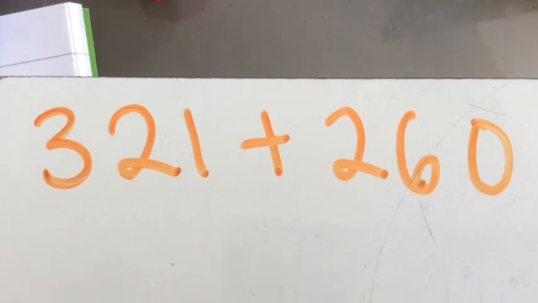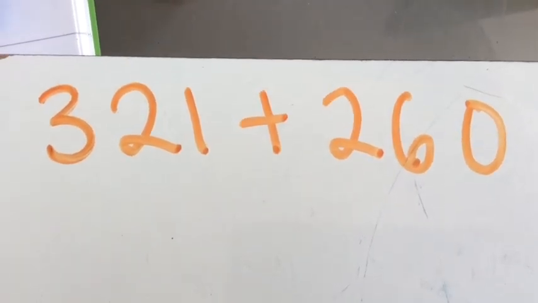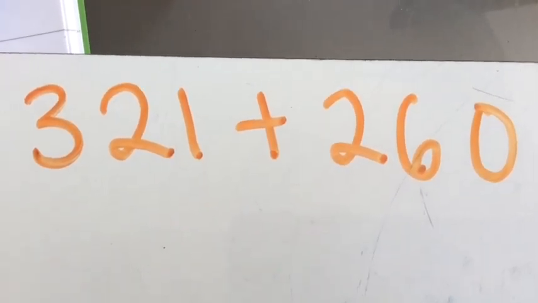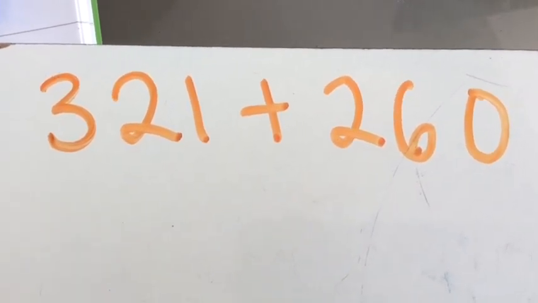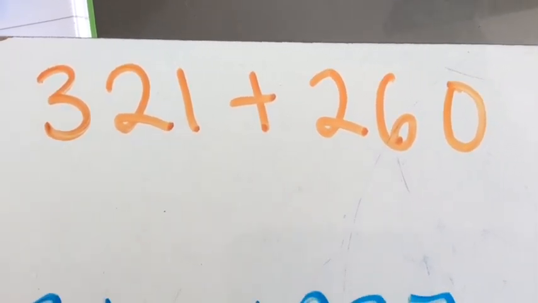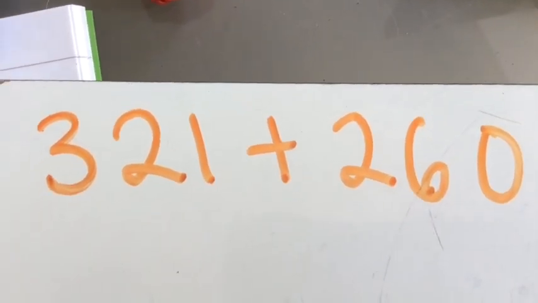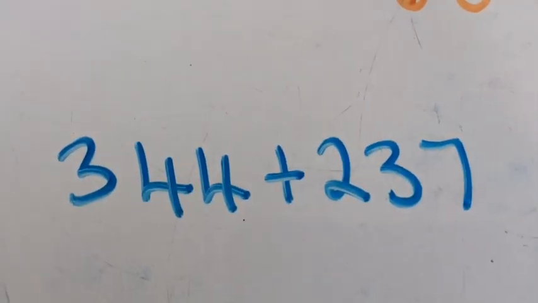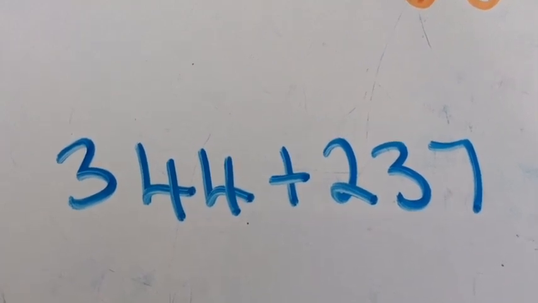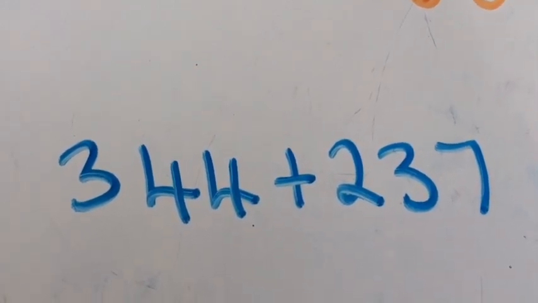Now get your squared paper and write this down as a vertical or column addition, either expanded or the compact method, and work out the answer. Pause the video. Now write this one down as your column addition.